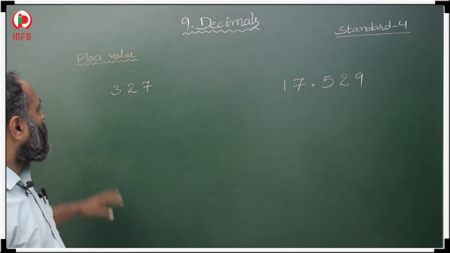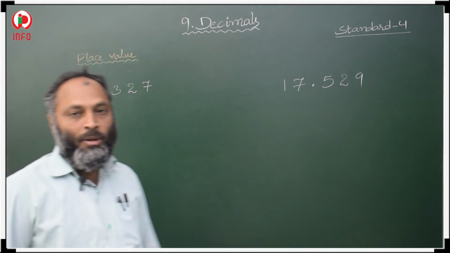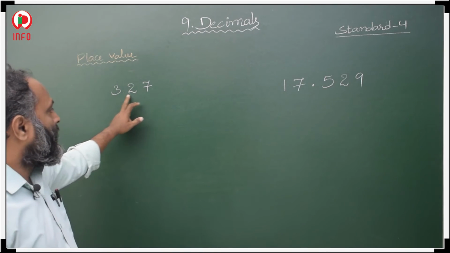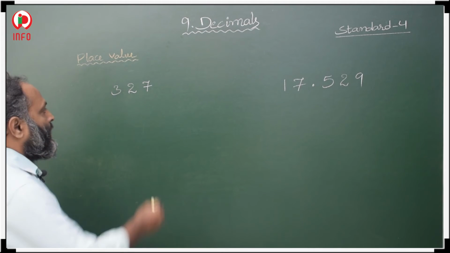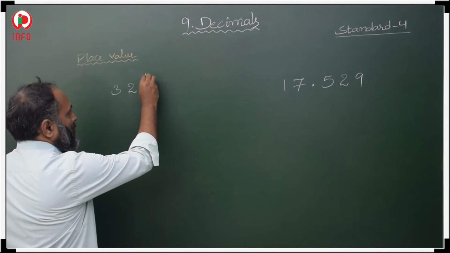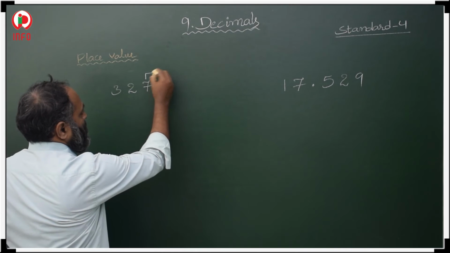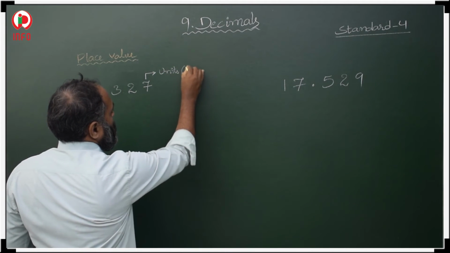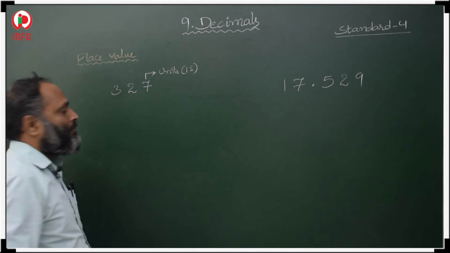Now we are going to discuss place values. So, what is the place value? Here 327. First 7. 7 is in units. Units means ones place. Okay.